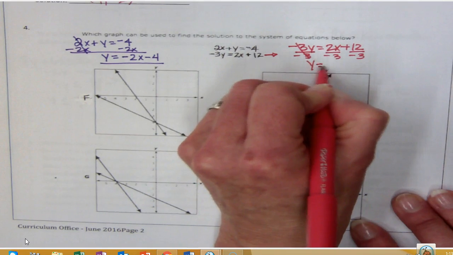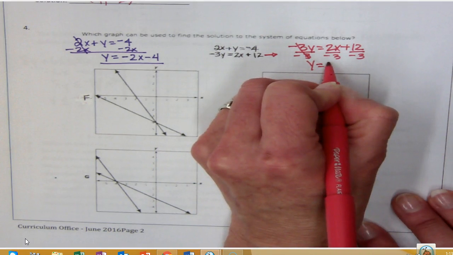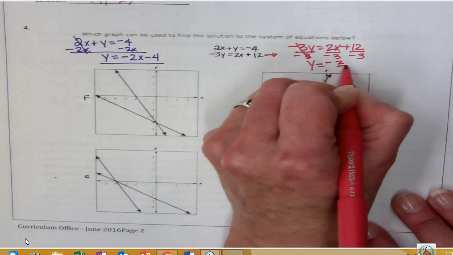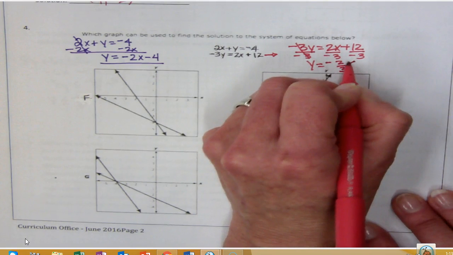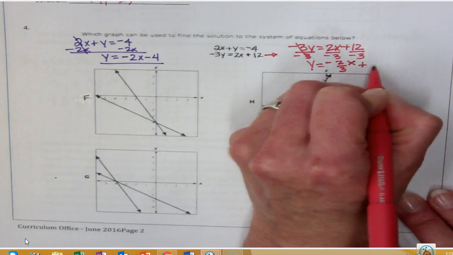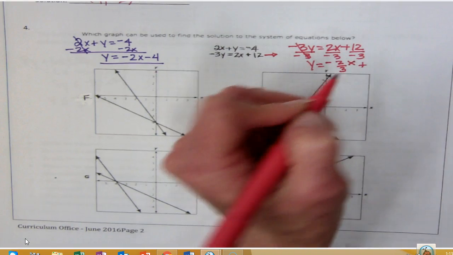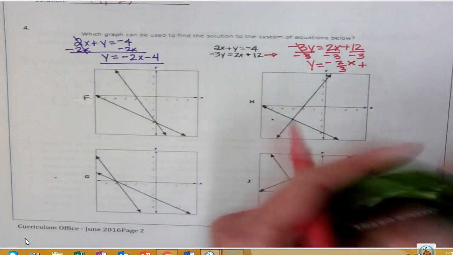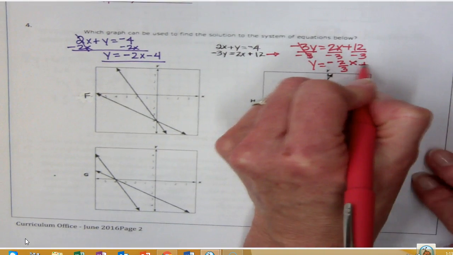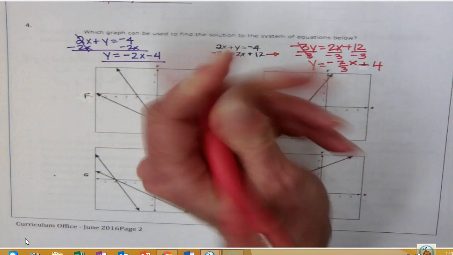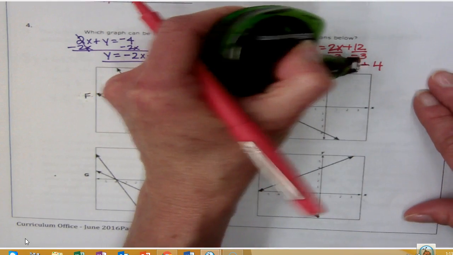I get y equals 2/3, which is a negative, because a positive over a negative is a negative, x, plus, this is going to be a negative 4. So I jumped the gun and put a positive. That should be a negative 4. 12 divided by negative 3 is a negative 4.